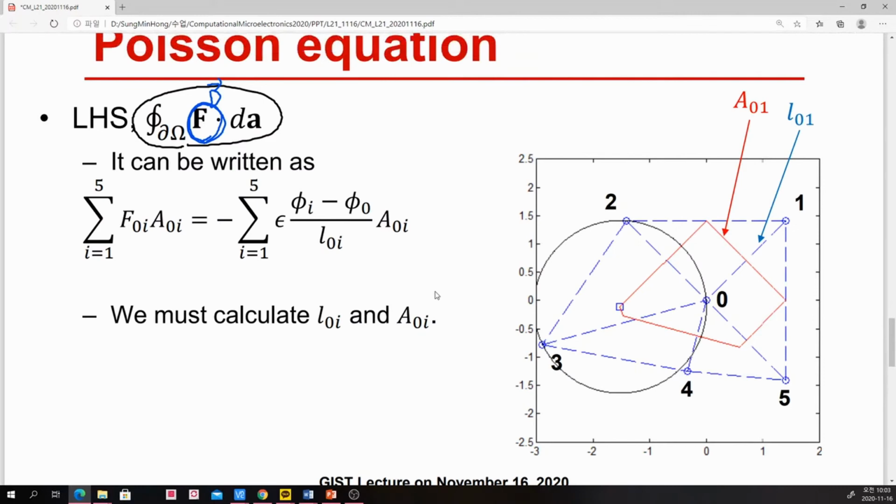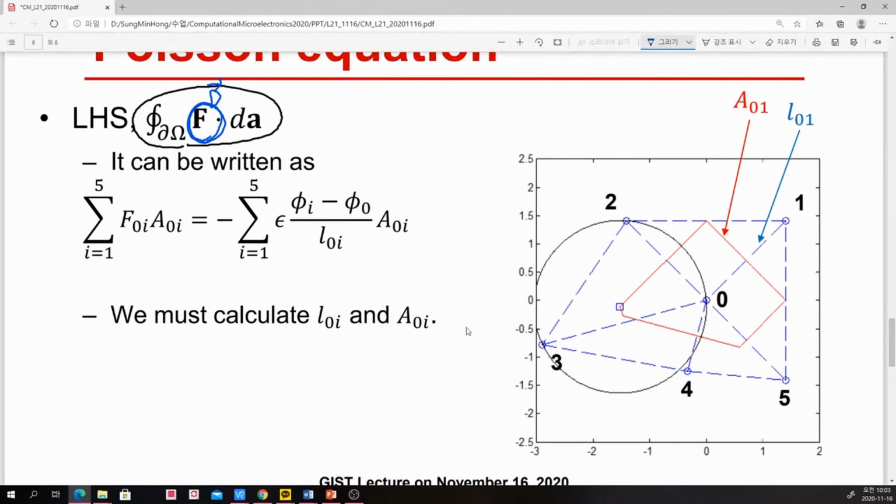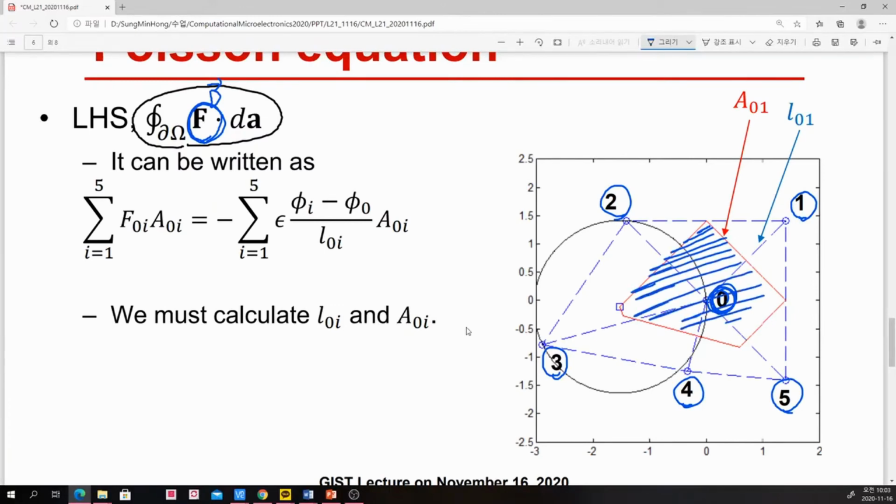Let's say that this is the volume, and here we have a center node called node 0, and surrounding nodes 1, 2, 3, 4, 5. Of course, this Voronoi volume is now denoted as this red polygon.